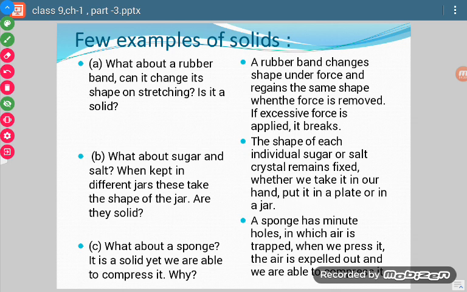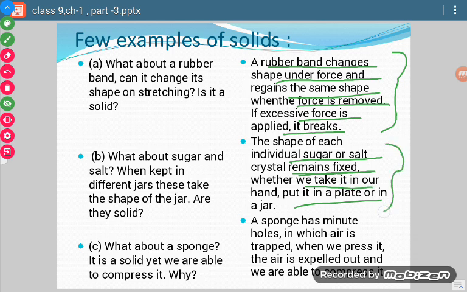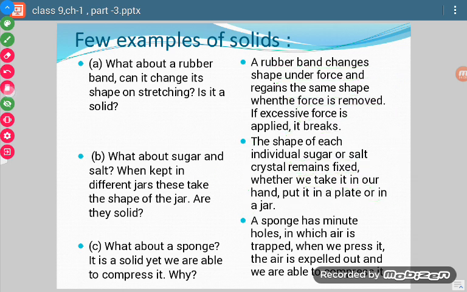But why is there stretching? There is one phenomenon that is called elasticity. So because of elasticity, our rubber band stretches. But as I told you, when we take any substance like sugar or salt, we take the minimum, only one grain, then we will see its shape is the same, whether it is occupying a jar or a bucket or anything else.